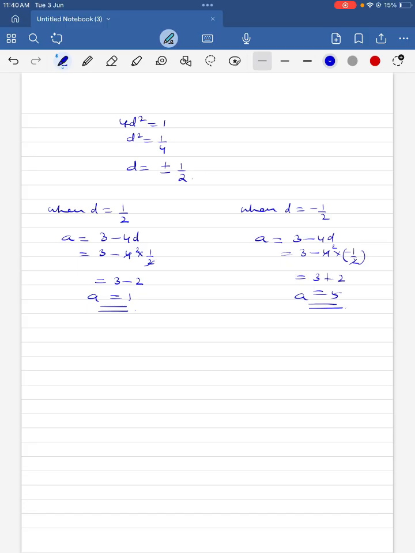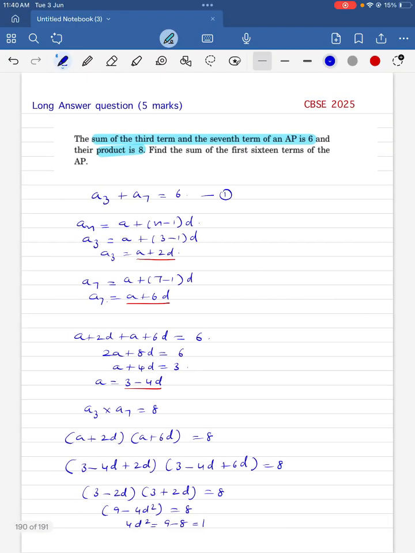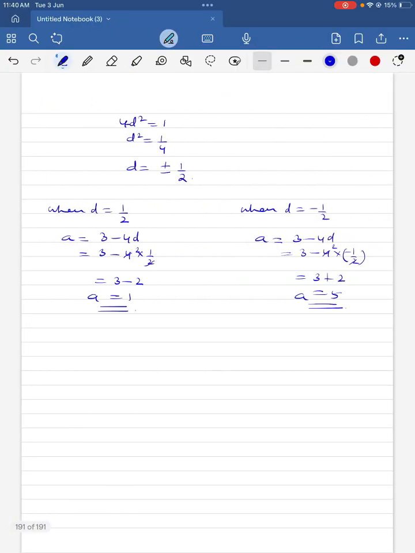Now in the question they've asked you to find the sum of the first 16 terms of the AP. Now how do we find the sum of terms of an AP? Sn is given to be equal to n by 2 into (2a plus (n minus 1) into d). So here we are expected to find the sum of the first 16 terms.